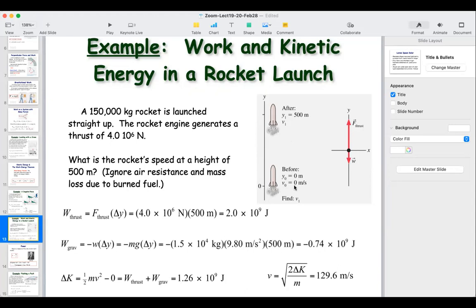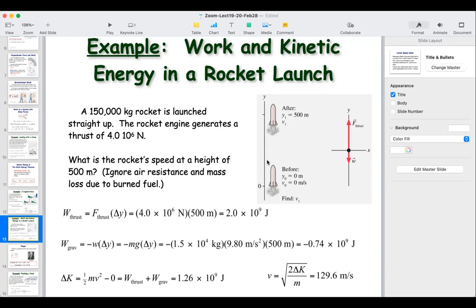We have an initial velocity which is 0, and we said y naught is equal to 0. Then in the final situation we have 500 meters and we are at V1. So what we are asking is actually V1. This is what we are looking for.